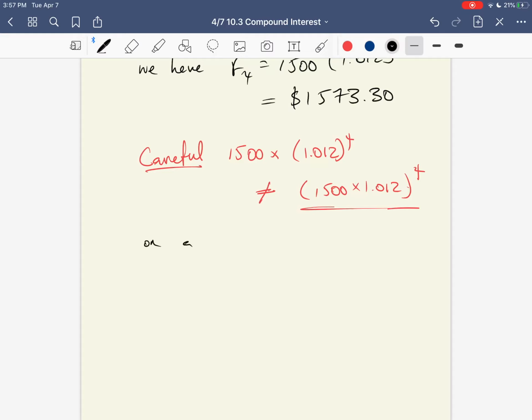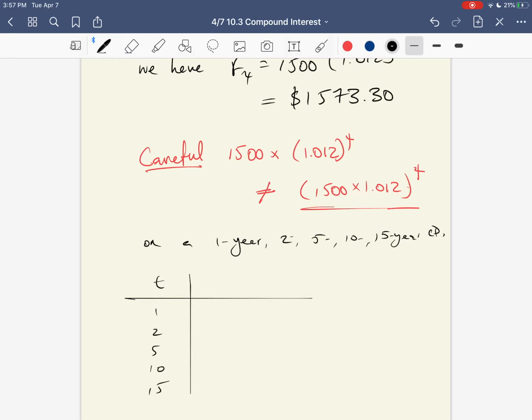So on a 1, 2, 5, 10, 15 year CD, we'll do these calculations. T, 1, 2, 5, 10, 15, and 1 we've just done. We got $1,573 and 30 cents.